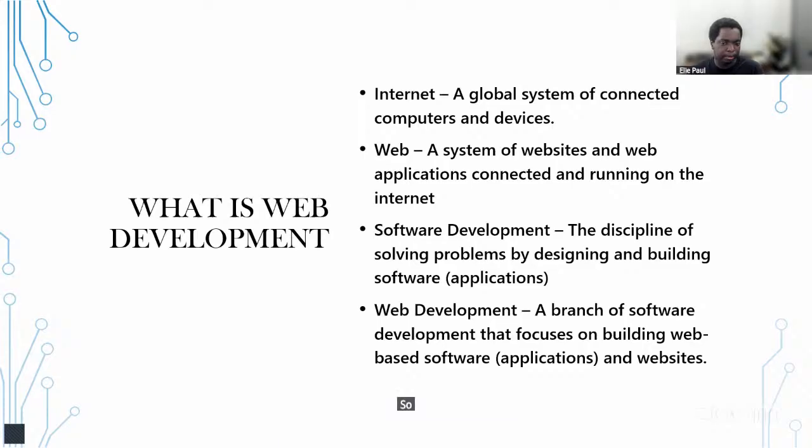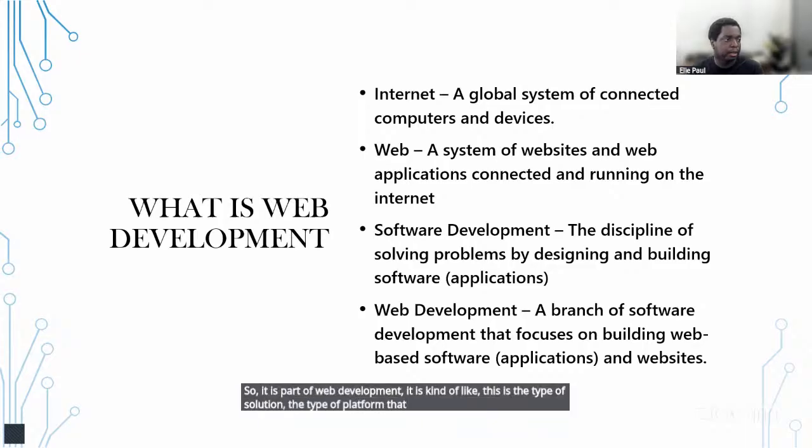This is a type of solution, a type of platform where you can put your product and people can go and buy it. So it is part of web development. It is the type of solution, the type of platform that allows you to do that.